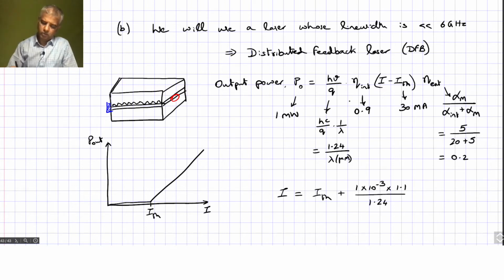That accounts for these terms, and then 1 over eta int, which is 0.9, and eta external, which is 0.2.